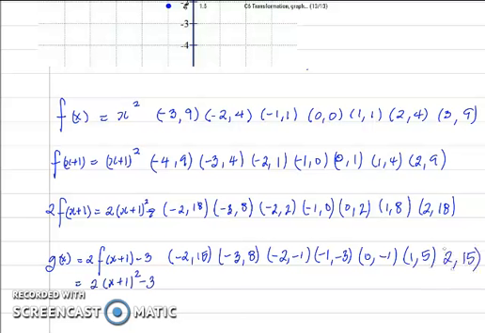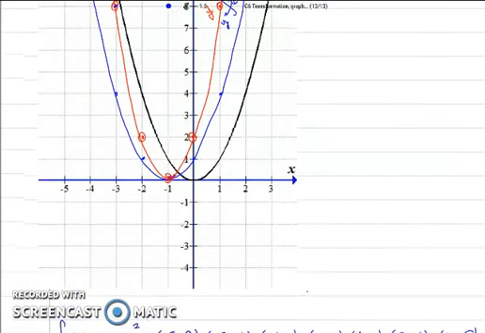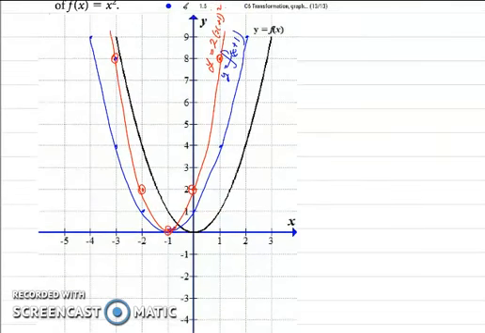That's a vertical translation of 3 units, so it's 3 units vertically downwards. So to get my final graph, I'm going to pull the other graph 3 units downwards. So this point is going to end up here. This point is going to end up here. This point is going to end up here.